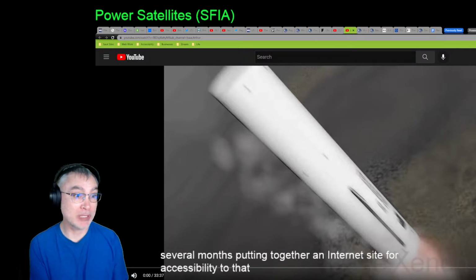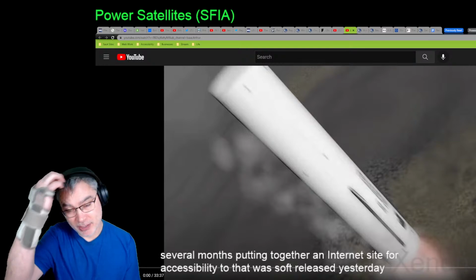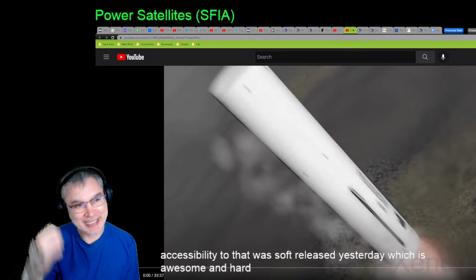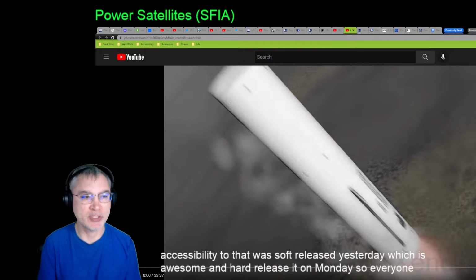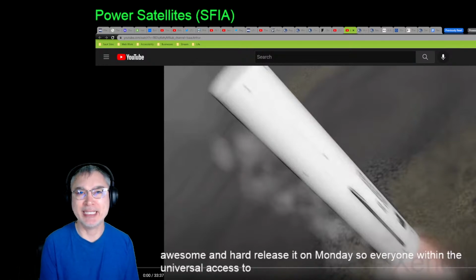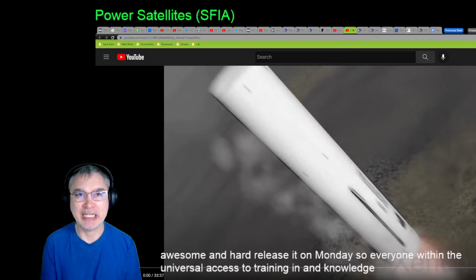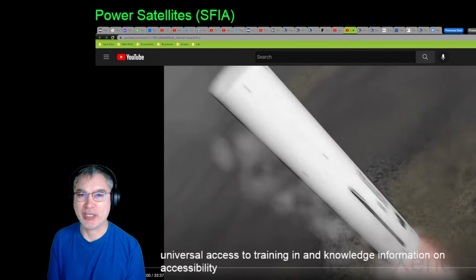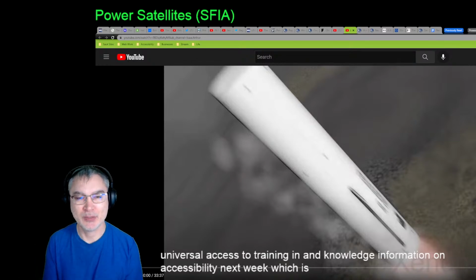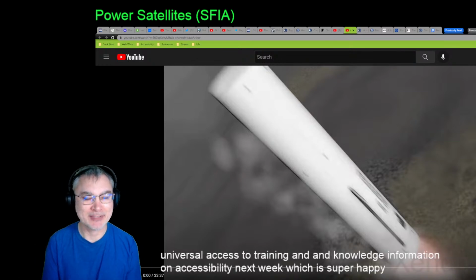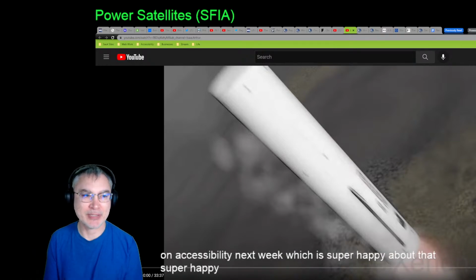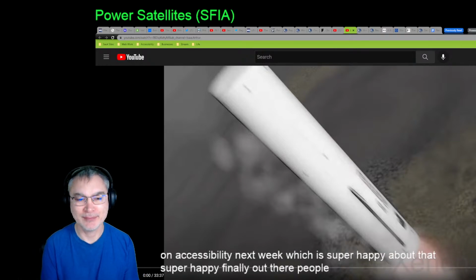So that was soft released yesterday, which is awesome, and we'll hard release it on Monday. So everyone within the university will have access to training and knowledge and information on accessibility next week, which is awesome. We're super happy about that. Super happy. It's finally out there for people to use.